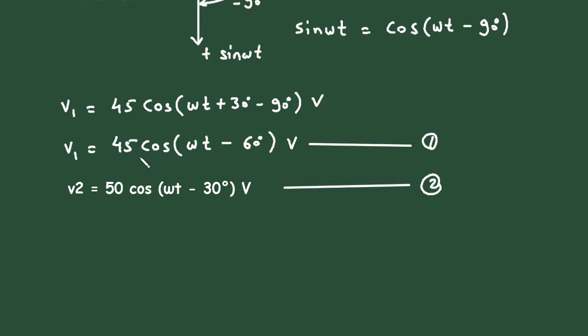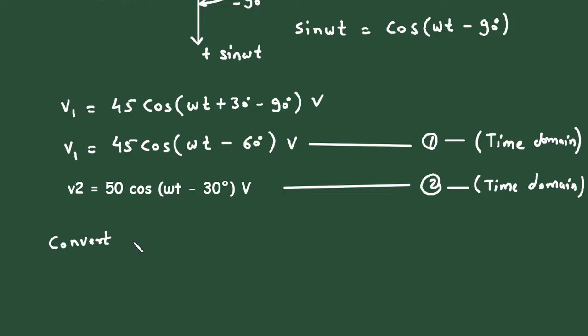Now first of all we will convert this V1, which is in sinusoidal form. So we can write time domain format here. This is also in time domain format. So let's convert these into phasors.